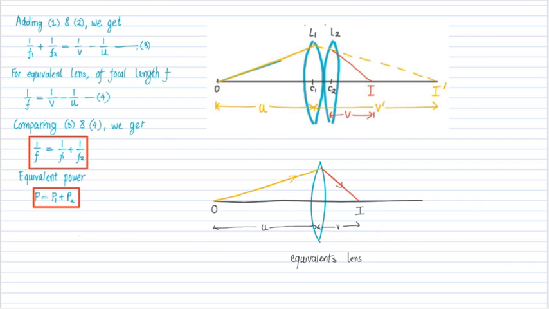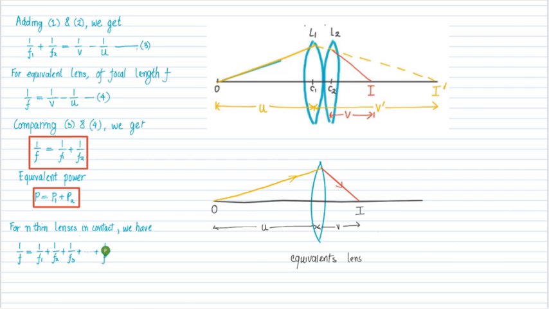Then for n thin lenses in contact, we have 1 upon f equals 1 upon f1 plus 1 upon f2 plus 1 upon f3 and so on till 1 upon fn.